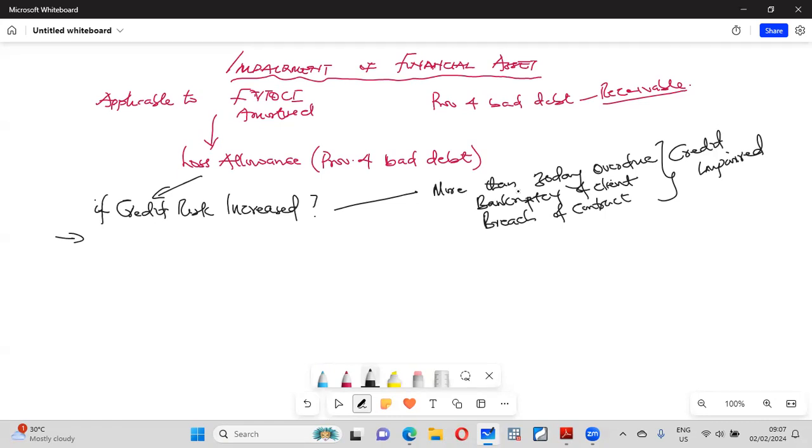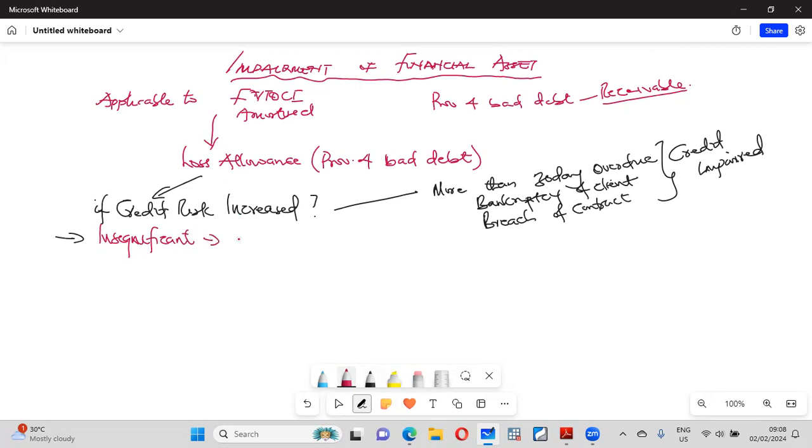So the question is, has it increased significantly or has it not increased significantly? If the increase is insignificant, or it has increased but it is low, then it means that we are going to calculate what we call a credit loss, which we call the loss allowance.